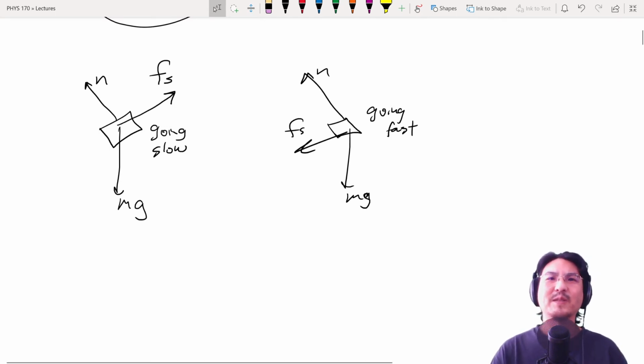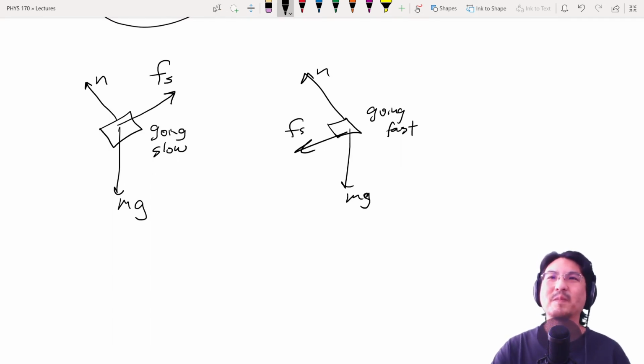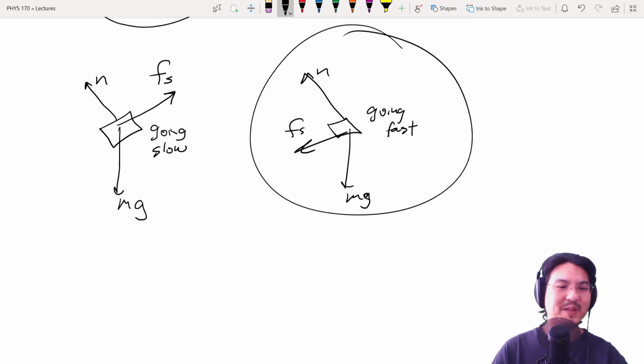So how fast should you be going to not run off the track? Let's pick this one to analyze.